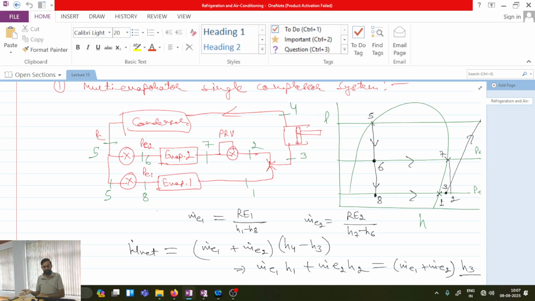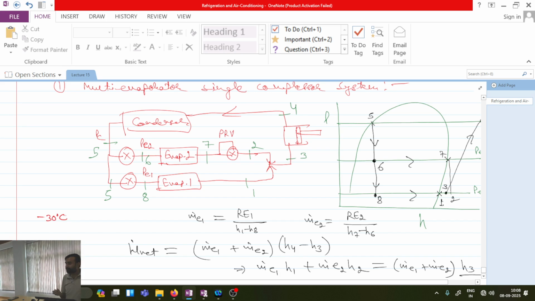Okay, so if it is within the limits of the single compressor system, for example, say minus 30 degrees Celsius is the lowest evaporator temperature, 5 degrees Celsius is the middle evaporator temperature, and 40 degrees Celsius is the condenser temperature. Generally, from minus 30 to 40 degrees Celsius range we operate with a single compressor.